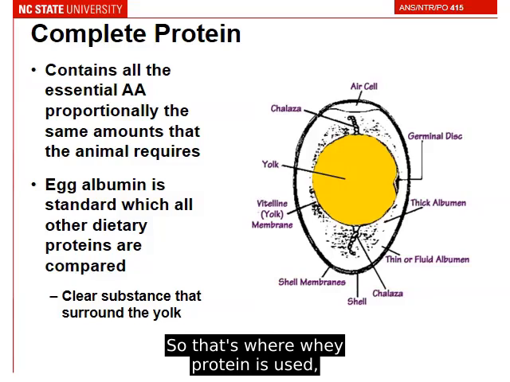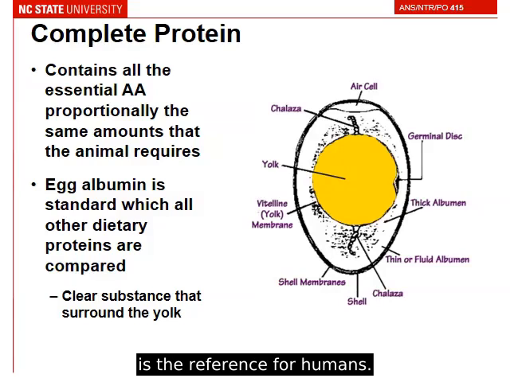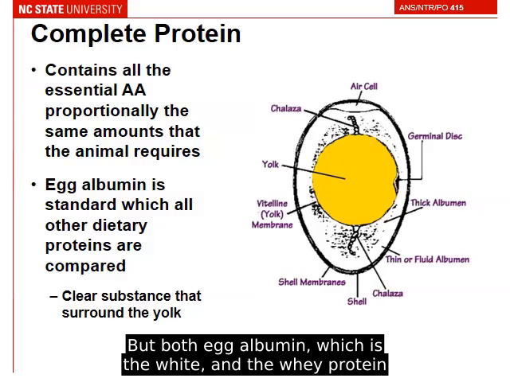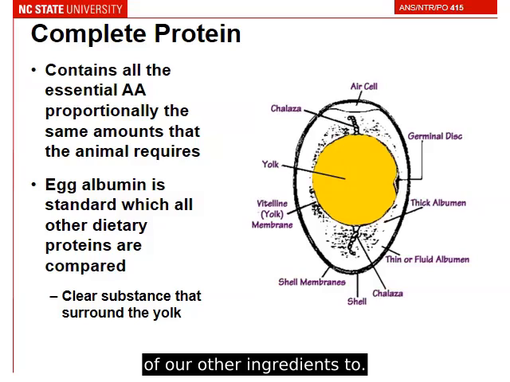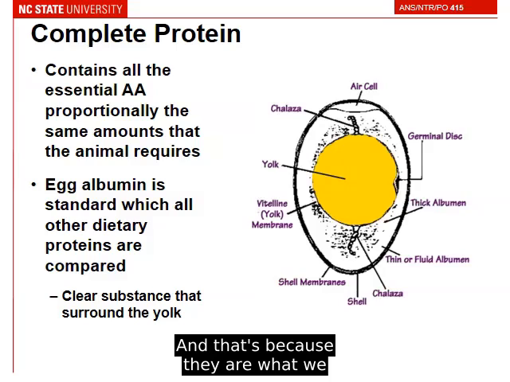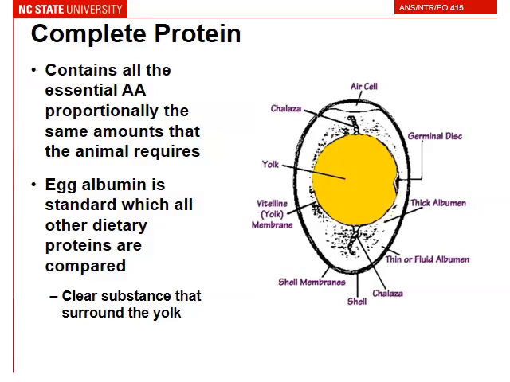So that's where whey protein is used as the reference for humans, but both egg albumin, which is the white, and the whey protein are our reference proteins that we compare many of our other ingredients to, and that's because they are what we refer to as complete proteins.